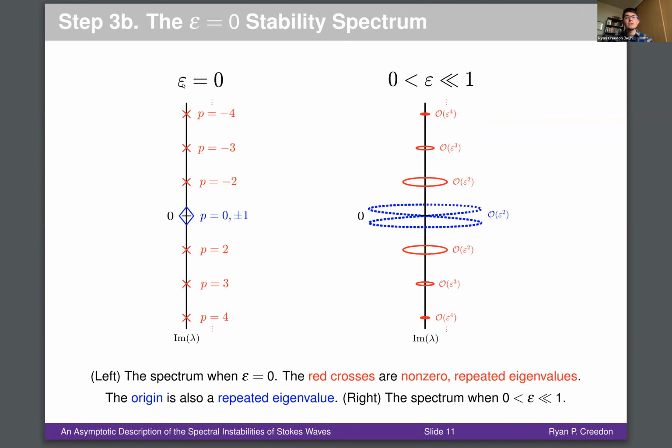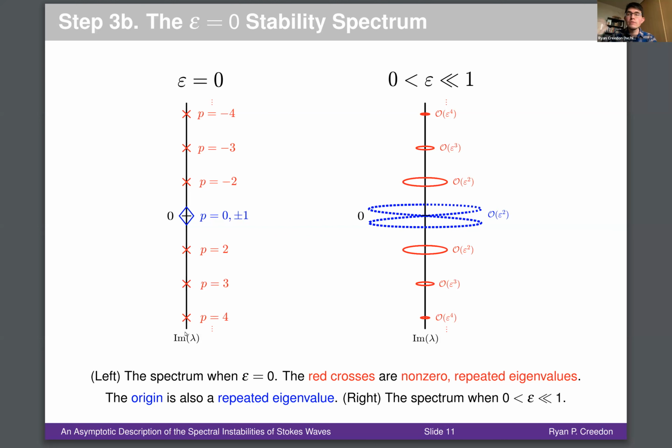And so when you set epsilon to 0, you can calculate these eigenvalues exactly, and you find that they're all purely imaginary. And hopefully that shouldn't be so surprising, because when epsilon is 0, we're talking about a Stokes wave that has no amplitude, i.e. we're talking about flat water. And flat water, you would hope, is a spectrally stable solution to the Euler equations. If it wasn't, then you'd have a whole other interesting problem to look at.